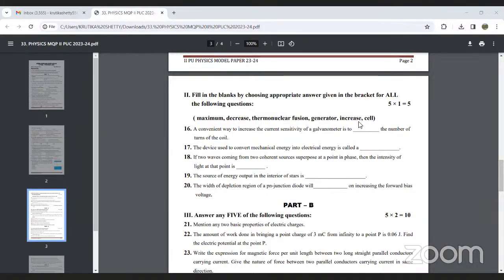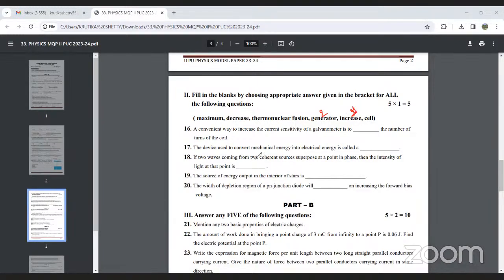The correct answer is increases. Here the first one will be: as you increase, it will increase. Second question, the device used to convert mechanical energy into electrical energy is a generator. So this is the second one.